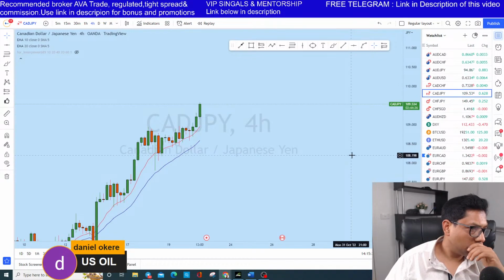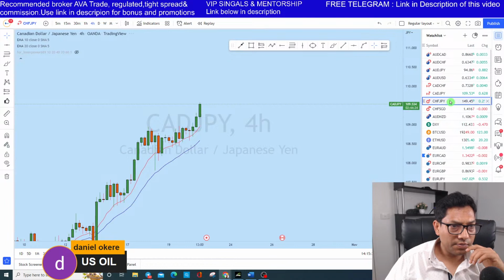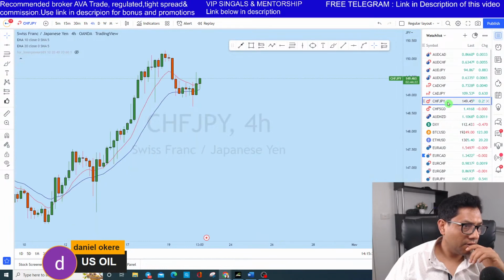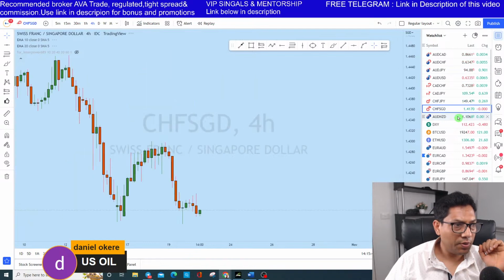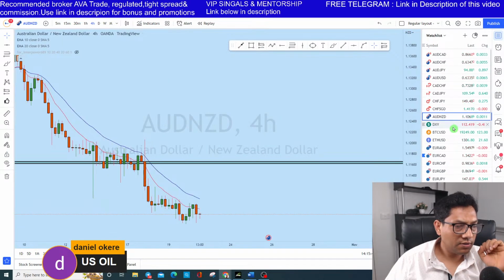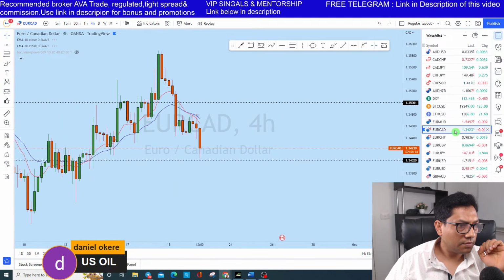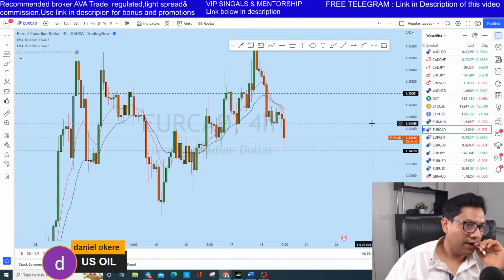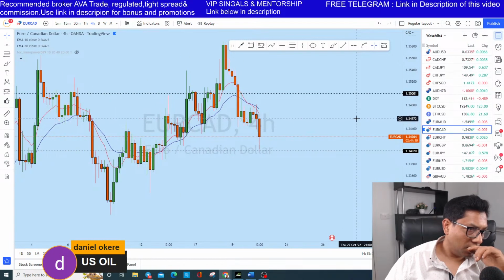JPY has broken to the upside. CHF-JPY, yes, CHF-JPY has created a bullish pattern. So JPY has gone weaker again. Okay, Euro CAD. What I thought did happen, it strongly dropped from this level.